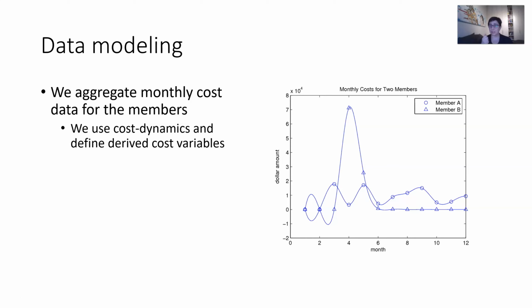One of those variables is called acute. So I'm going to explain that with this graph. Here we have the cost of two members. Member A is the one with the zeros, and the triangles correspond to member B. If we first look at the data points for the zeros, we can see it lies right around 0 in the first month and second month, and then it rises in the third month, goes down again, up again, down again, up again, and then down again.